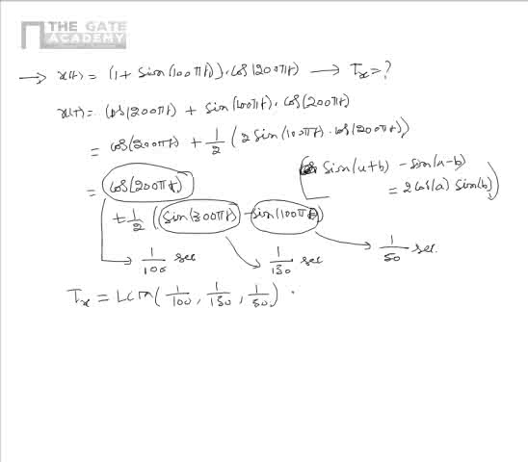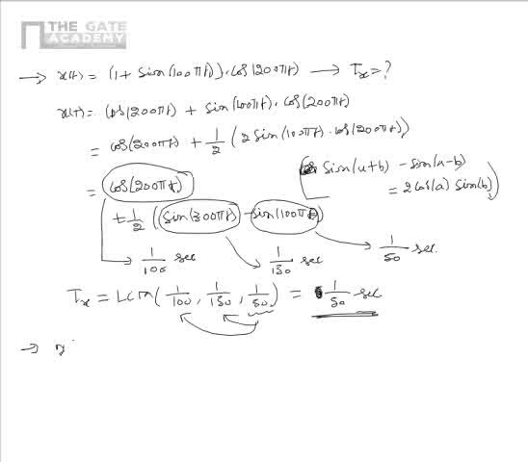From this, we can show that the time period of the given signal is 1 by 50 second, as 1 by 50 is the least common multiple of the obtained individual time periods. So the time period of the given signal is 1 by 50 second.